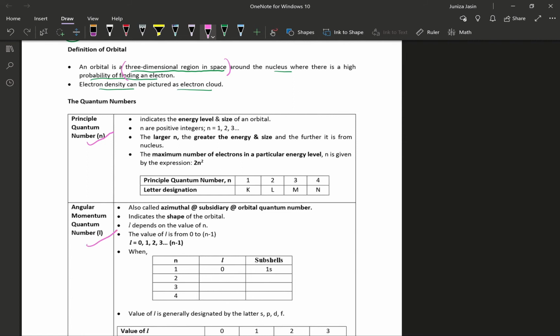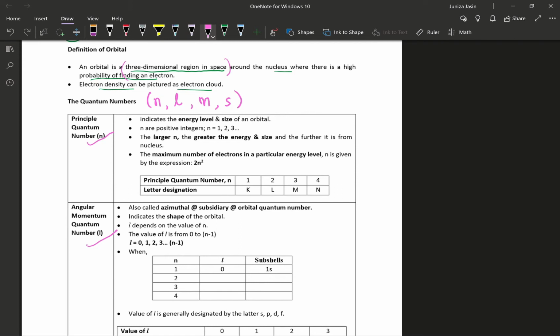And then angular momentum quantum number, L. After that, we need to know M, magnetic quantum number. And last one is S, spin quantum number. So basically, for this one is N, L, M, S. Nasi, lemak, masak, sambal.